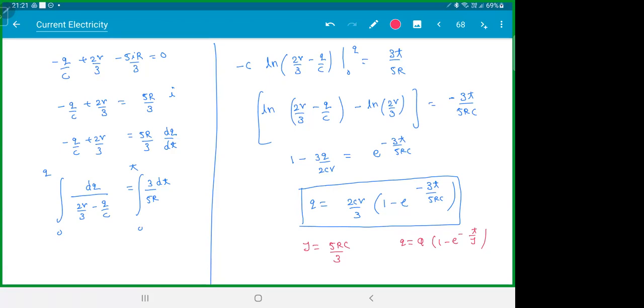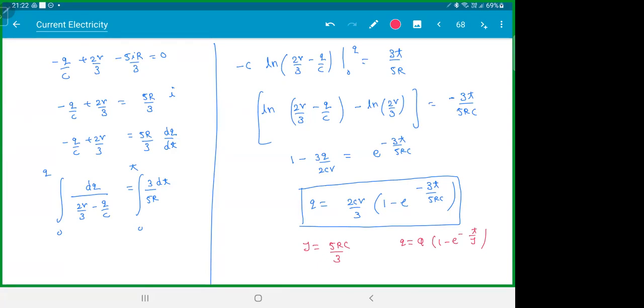Clear with this? Do have a look at this. Clear.